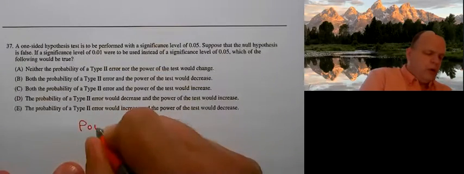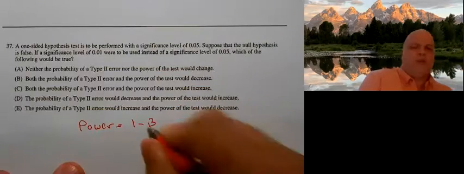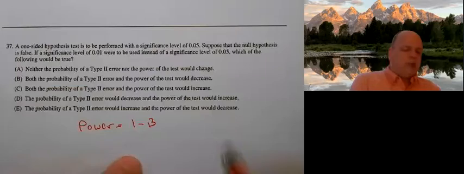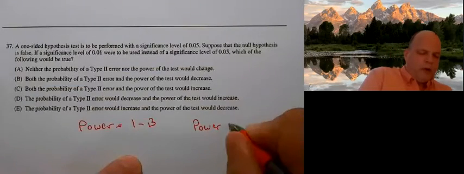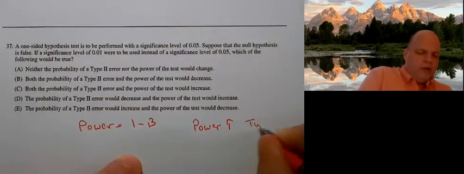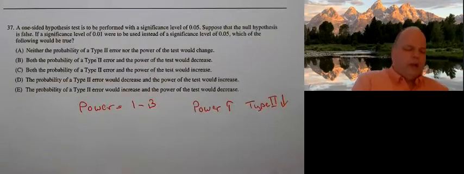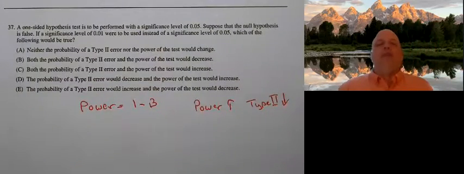Power equals 1 minus beta, which is type 2 error. So basically, as power goes up, type 2 goes down, and vice versa. As power goes down, type 2 goes up.